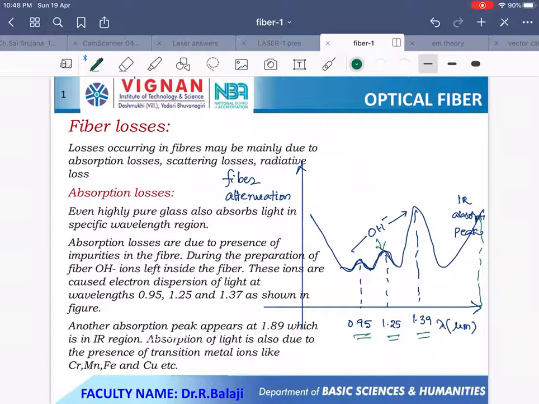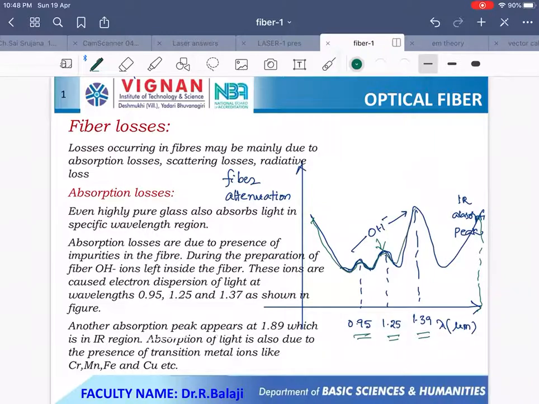The absorption of light is also due to the presence of transition metal ions like chromium, copper, iron. So due to these transition metal ions we have some absorption losses. The corresponding graph, when we take lambda on the x-axis and the fiber attenuation, its units are decibels per kilometer, appears like this.